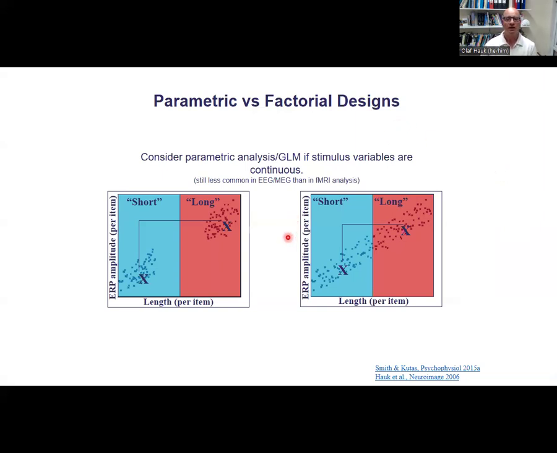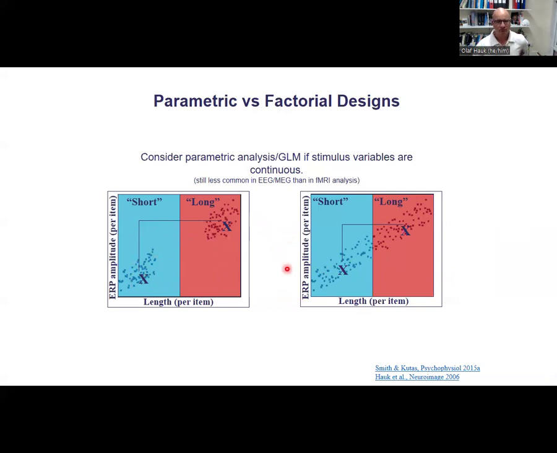Of course, the same can be done with EEG and MEG data. So what I've described so far is the factorial approach. Let's imagine you have short words and long words. You usually try to optimize your design so that you have very short words and very long words. And then you average for short and long separately, and then you subtract.